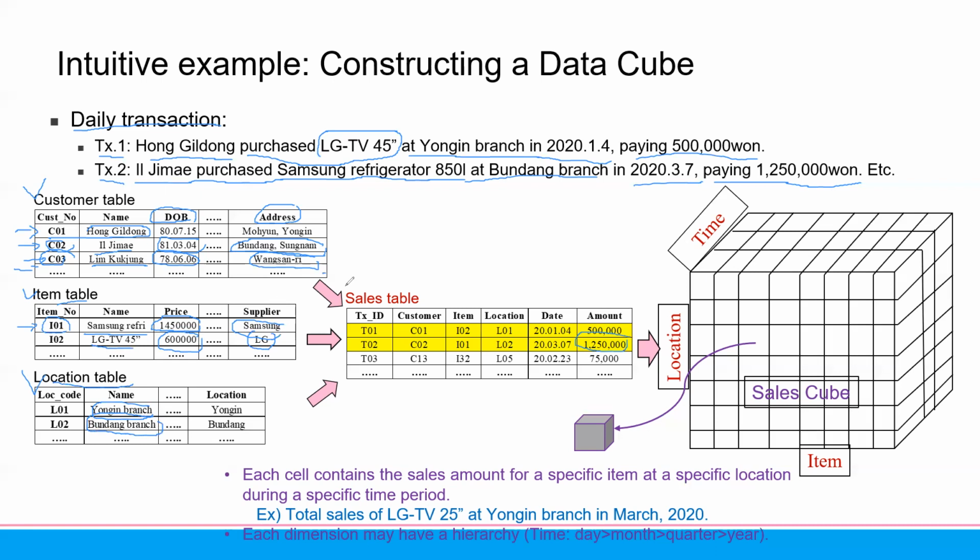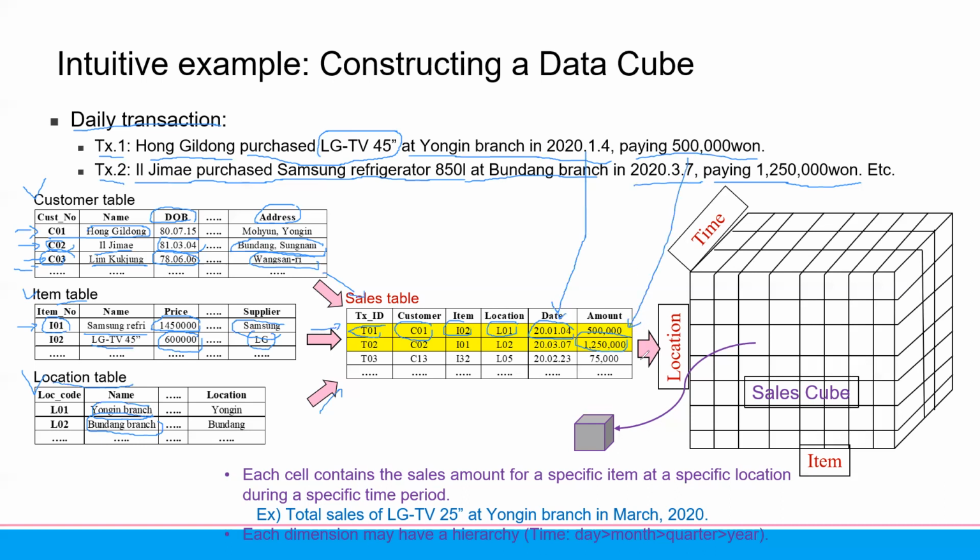So when we want to collect all the data about the sales, we integrate them into one table. So we can get the customer, item, location, and the date. The transactional date is this one, and the amount is this one.